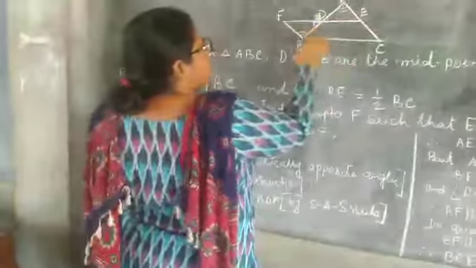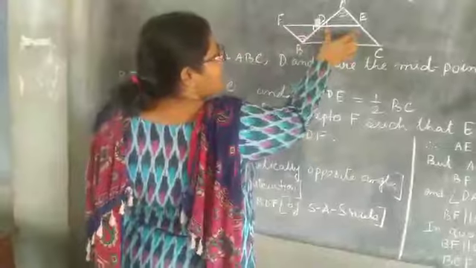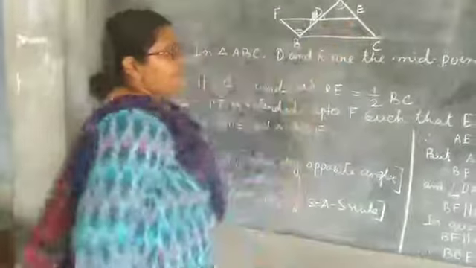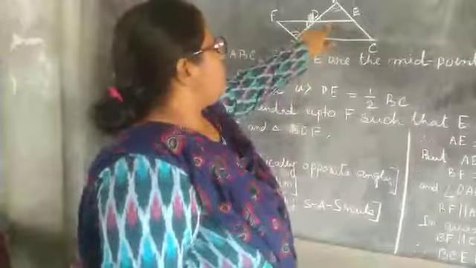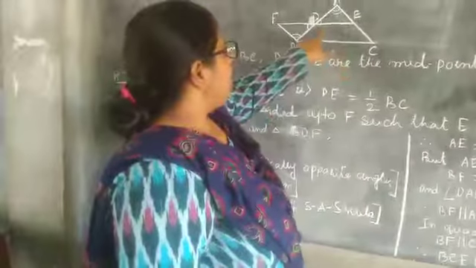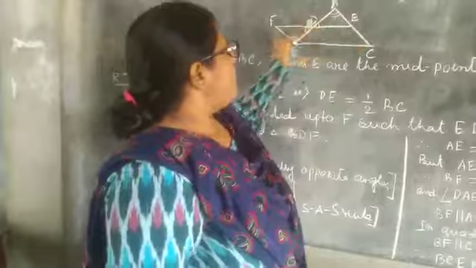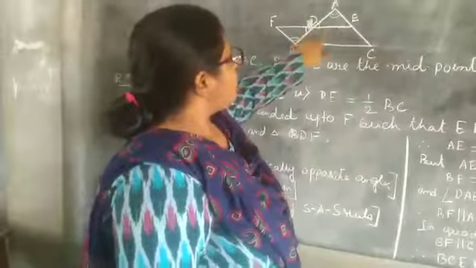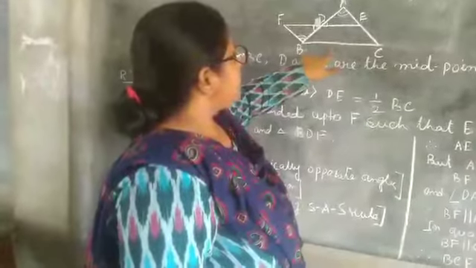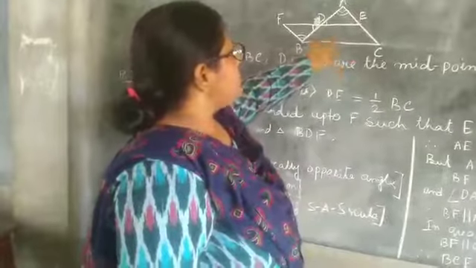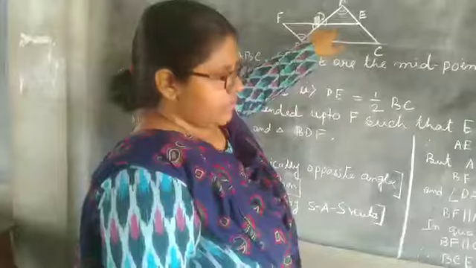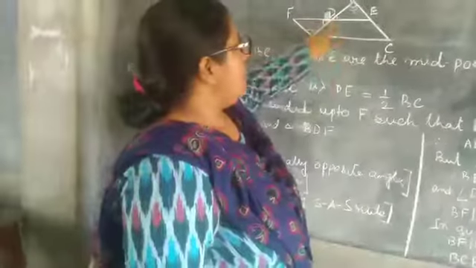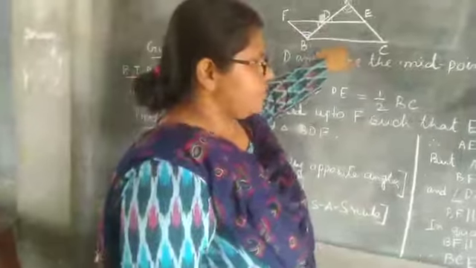Therefore BC is equal to EF, and EF means 2 into DE. So BC is equal to 2DE, that means DE is equal to half of BC.